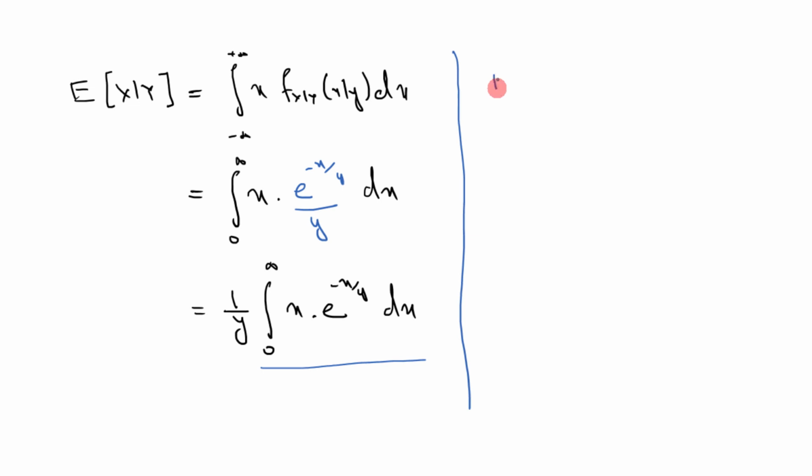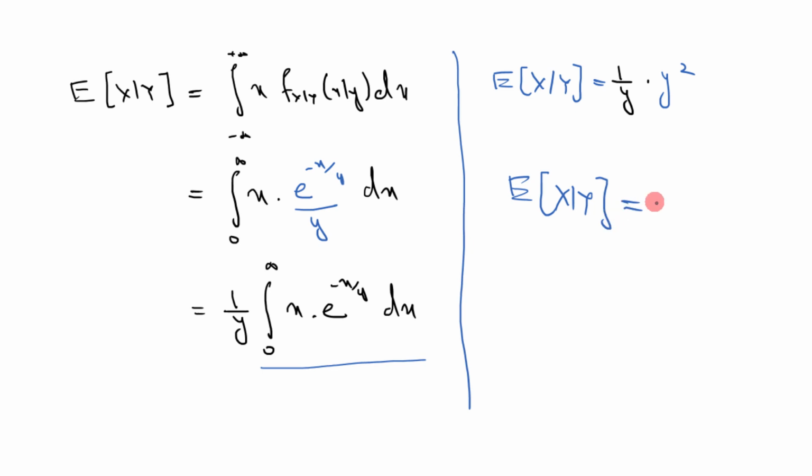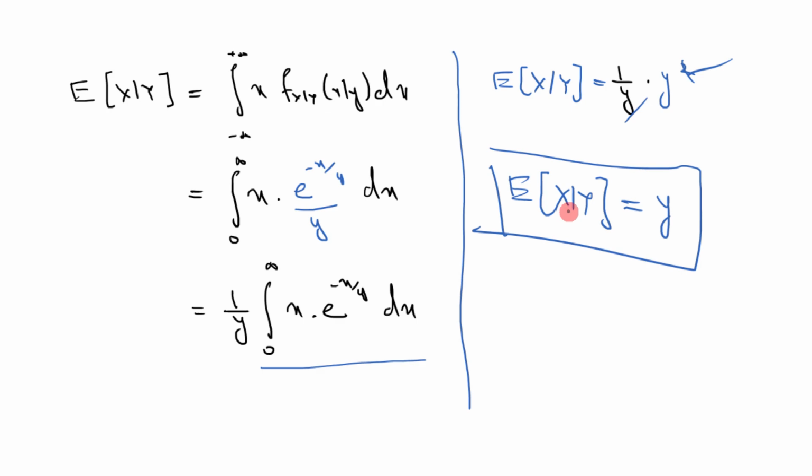What you will have is expected value of x given y will be equal to 1 over y into, we have determined it is equal to y square. So this is y square. So this conditional expectation of x given y is a function of y. Although you are calculating the expectation of x given y, its expression is a function of y.